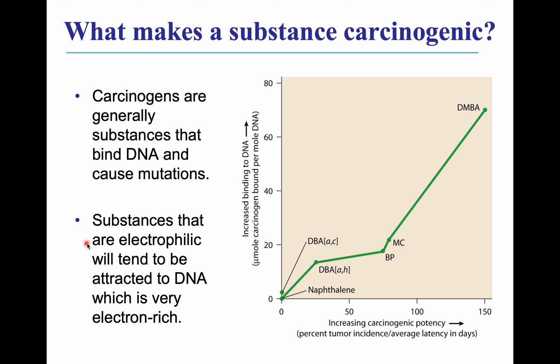Well, chemicals that are electrophilic are going to be attracted to the very electron-rich nitrogenous bases that are part of DNA. We see a pretty linear correlation between the ability of chemicals to bind to DNA here on the y-axis and cancer-causing potential here on the x-axis. So the more something binds to DNA, the more likely it is to cause cancer.